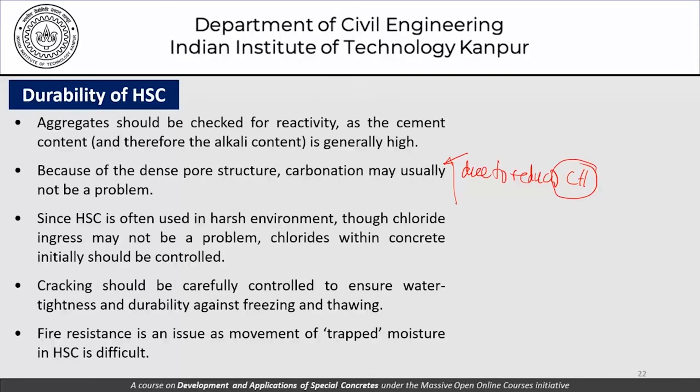Fire resistance is also an issue as far as high strength concrete is concerned, because the movement of trapped moisture is difficult, and therefore in the case of fire, high strength concrete may not be the best material compared to normal strength concrete. So we have to be a little more careful when we are using high strength concrete in structures which are susceptible to or likely to be exposed to the danger of a fire.